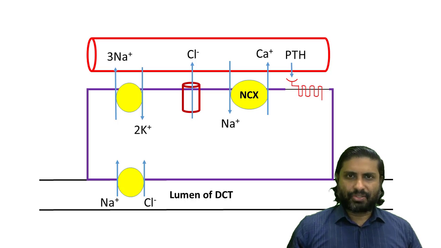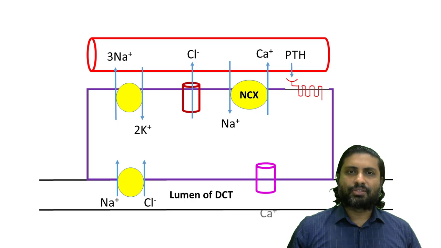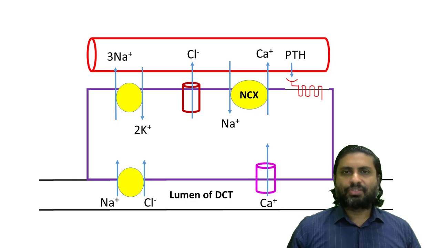When this happens, the intracellular levels of calcium falls. To compensate for this, there is a transporter on the luminal aspect of this cell, and it allows calcium to enter the cell. So this explains the normal physiology that occurs in the distal convoluted tubule of the nephron.